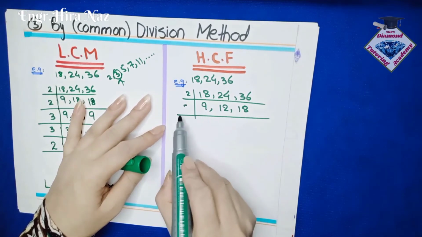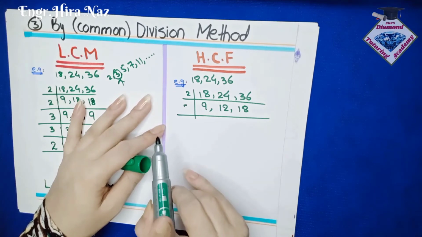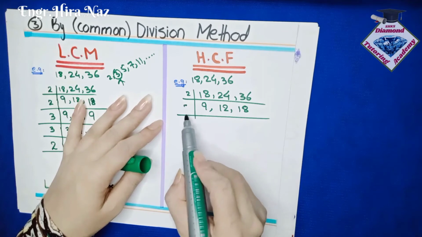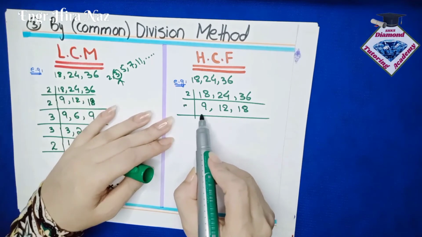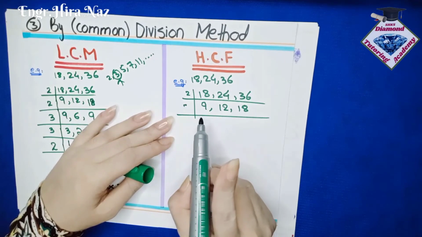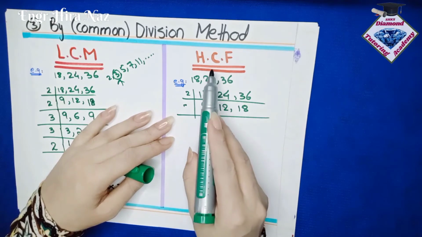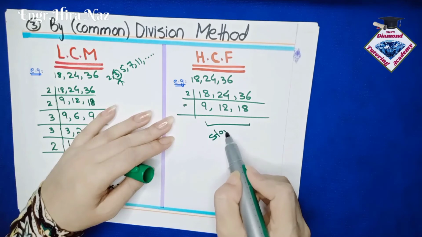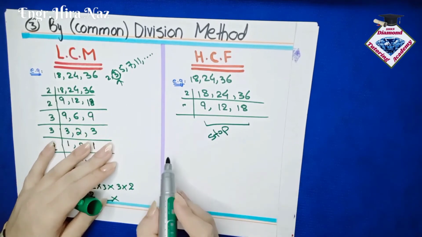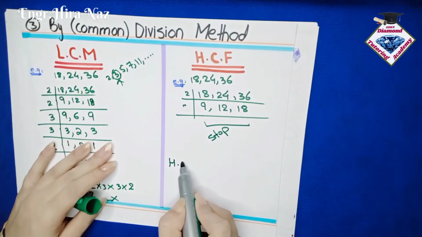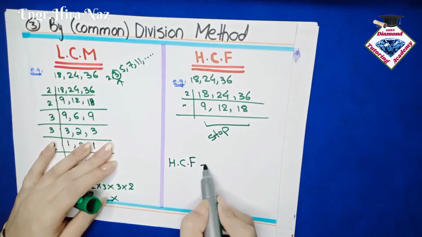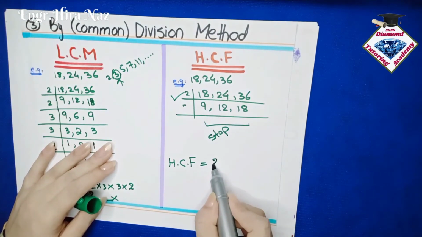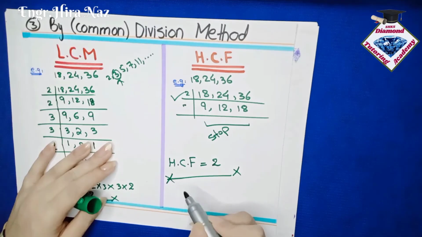It means these are not divisible by the same common divisor. Whenever these are not divisible by a common divisor and you are going to find HCF, you have to stop division here. Right? So your HCF will be the product of divisors, and if we have only one divisor here, only 2 is our HCF in this case.